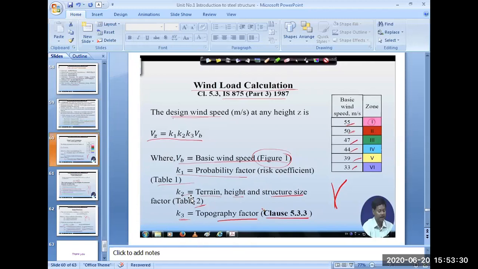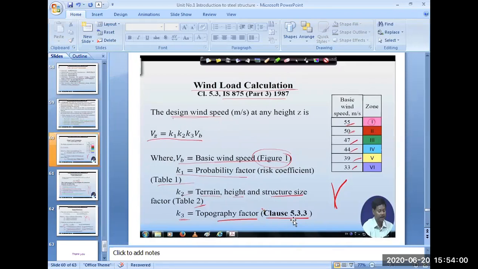Now K2, terrain or height factor, or we can say the structure size factor. So it is in table number 2 of IS 875 part 3. And now K3 is there. K3 is the topography factor, where your building is located and what the topography of that particular area is.